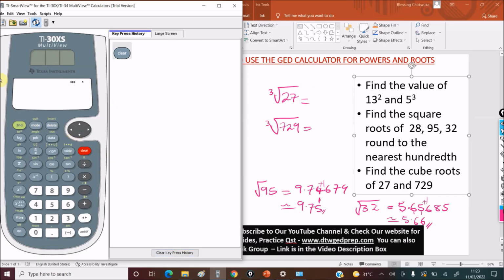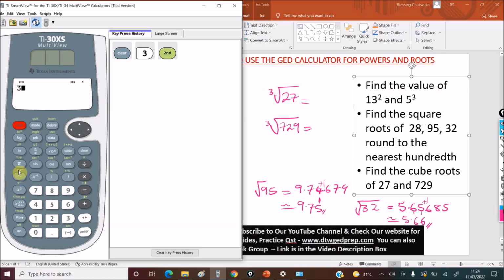So now let's find the cube root of 27. We've cleared our calculator. So we first punch 3, then come here, second function. Then you can see this sign here. Remember, the symbol for cube root is a square root with a 3 on top of it.